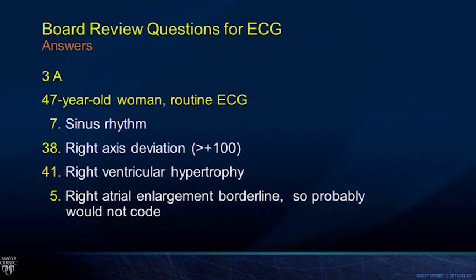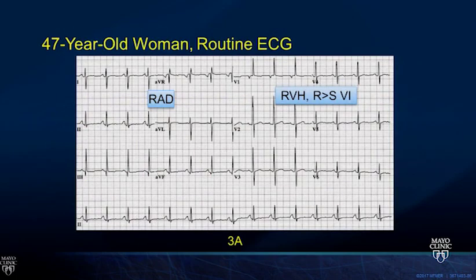Okay, so I think sinus rhythm, right axis deviation. This is an RVH type situation. And the right atrial enlargement, it's not Himalayan, so I wouldn't necessarily code that. This is probably someone with pulmonary hypertension of some sort.